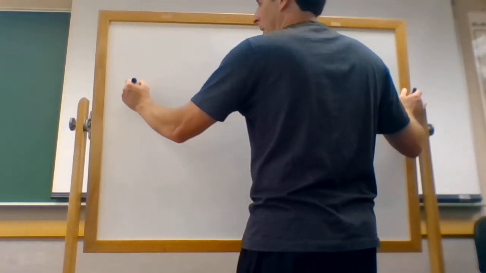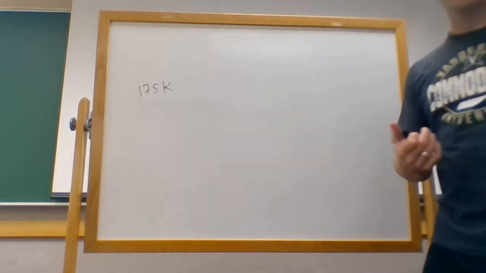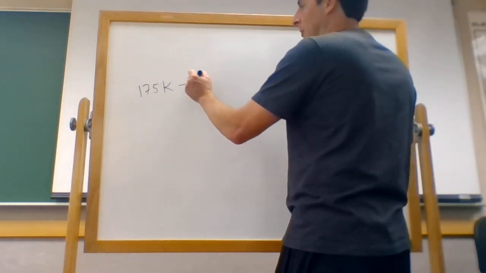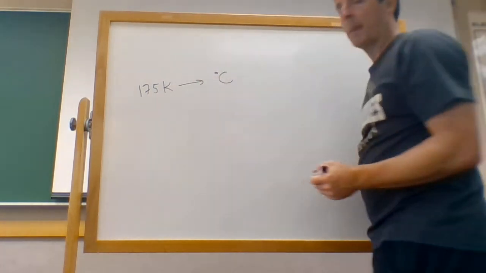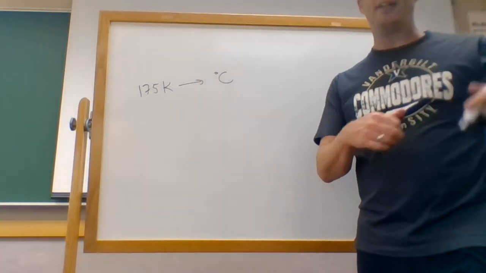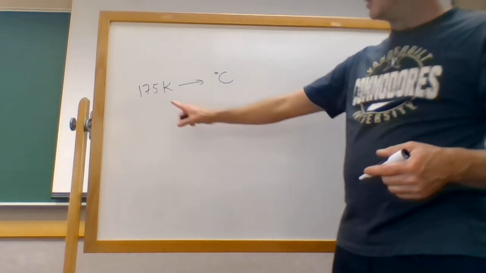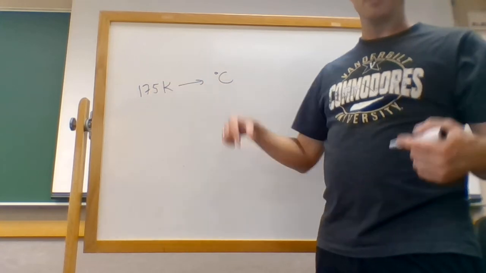So they would have to switch it from Kelvin, 175 Kelvin. We have a pretty simple equation that we can switch that into degrees Celsius. You do need to know that equation. To go from Kelvin to Celsius, you're going to add 273.15 if you're going to keep decimals. But here, if it's to the whole number, I'm just going to stay with that.